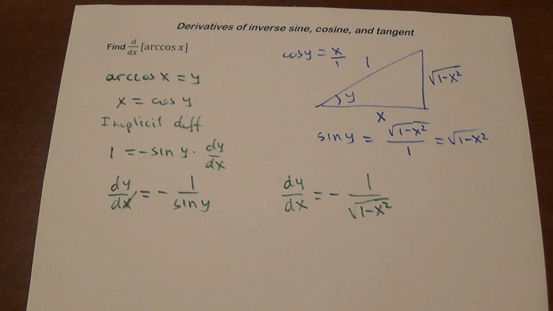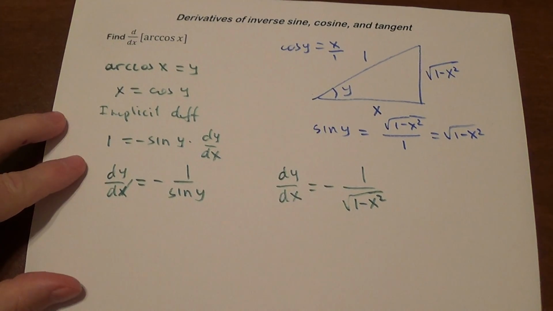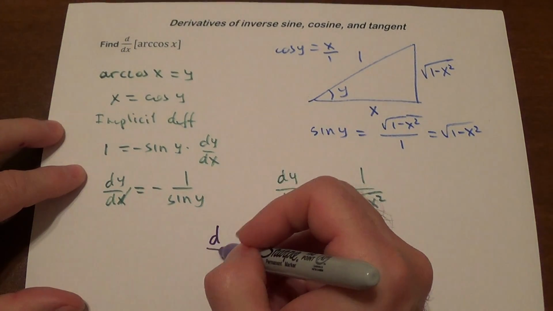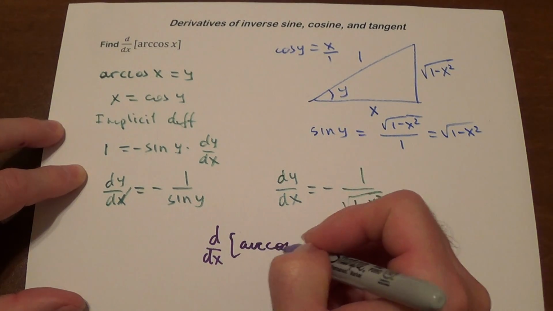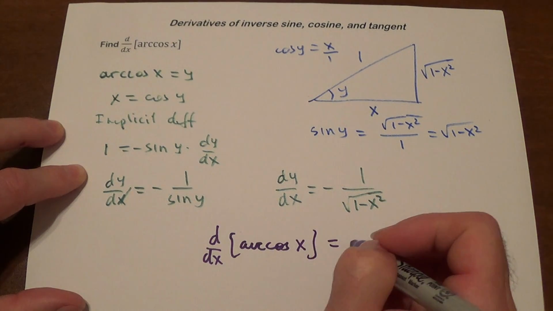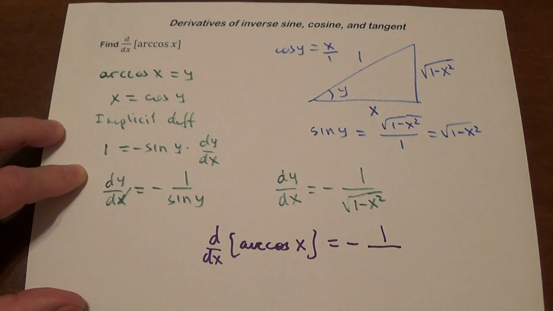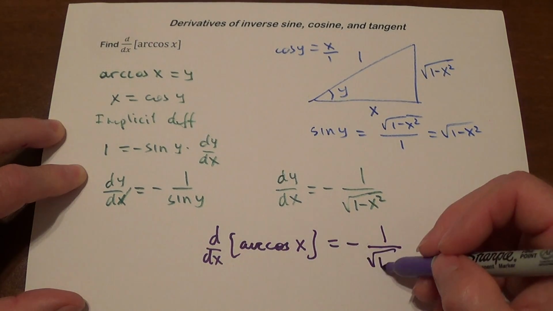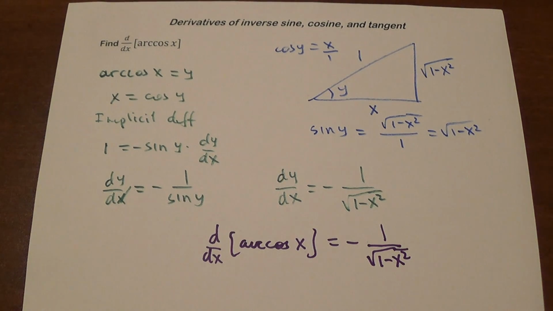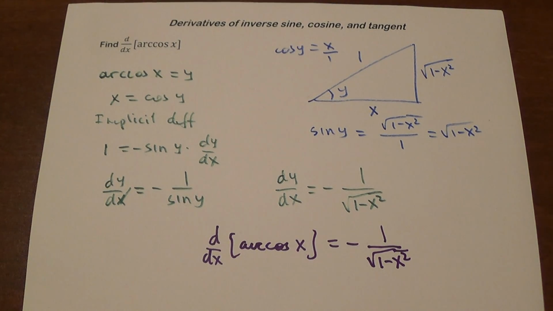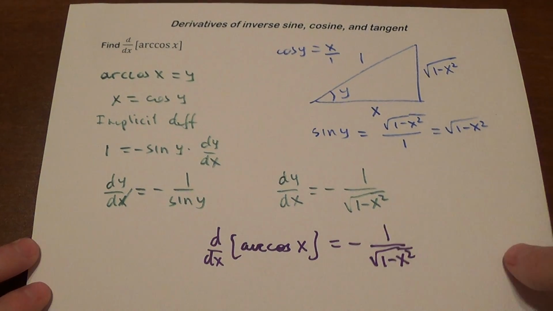Okay, and we can finally finish that by saying that the derivative of arccosine x is going to be negative 1 over square root of 1 minus x squared. So you can actually notice that the only difference between the derivative of arcsine and arccosine is the negative sign.